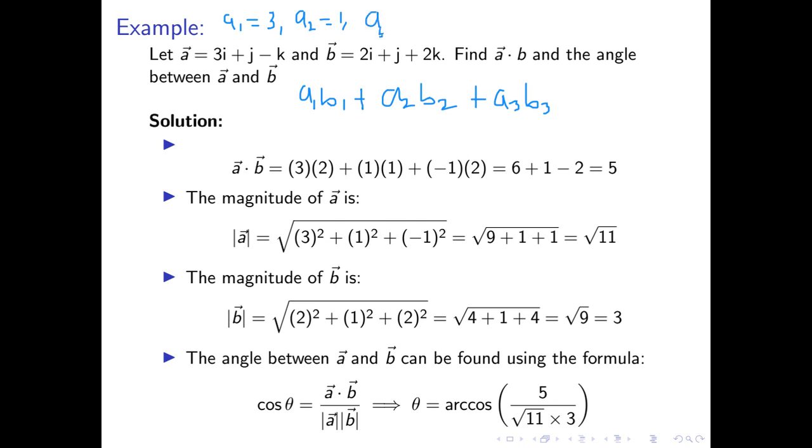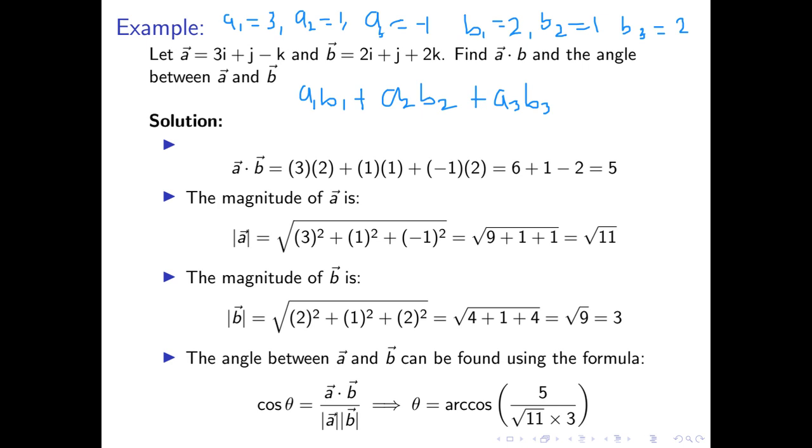Now, let's go on to B. B1 is 2. B2 is 1, while B3 is 2. Okay, so you can simply substitute these values into the equation star.